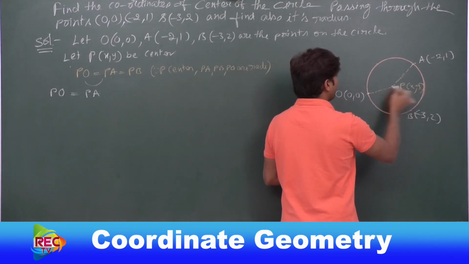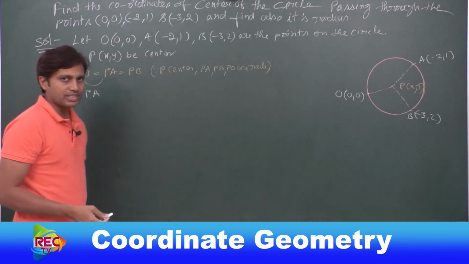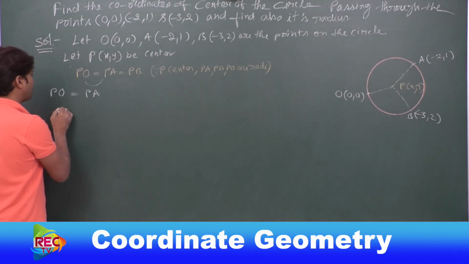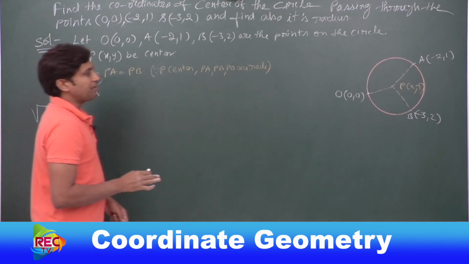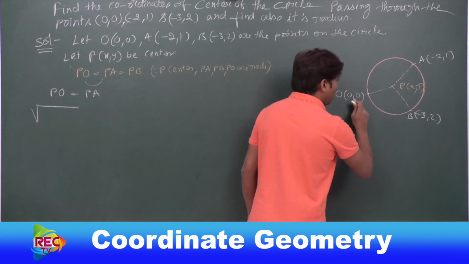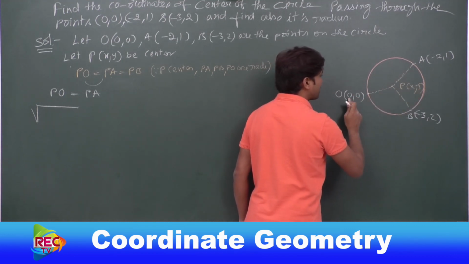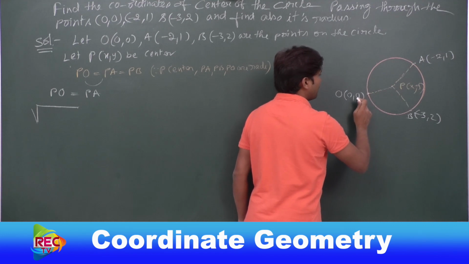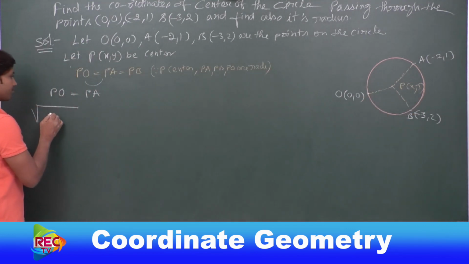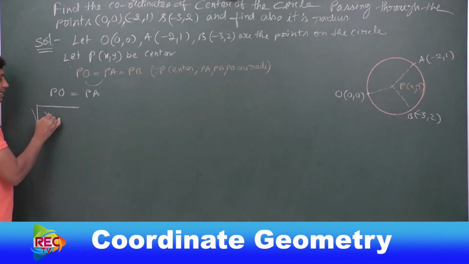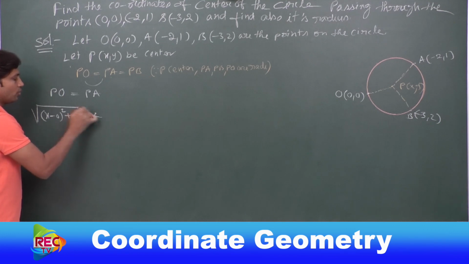Anyways, what is the distance between P and O? This is (x1, y1) and (x2, y2). Anyways, we can write root of x squared plus y squared, but still I am going according to the process. So this is the square root of (x2 minus x1) whole squared, which is (x minus 0) whole squared, plus (y2 minus y1) whole squared, which is (y minus 0) whole squared.